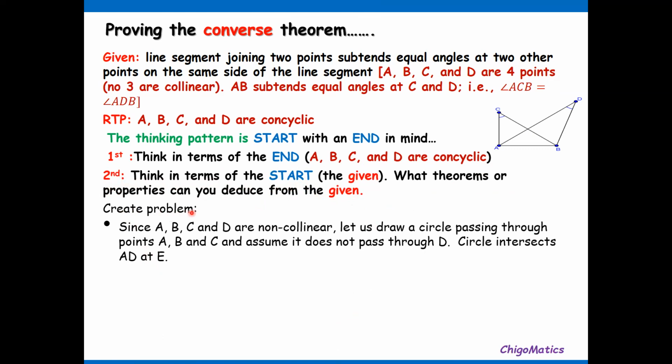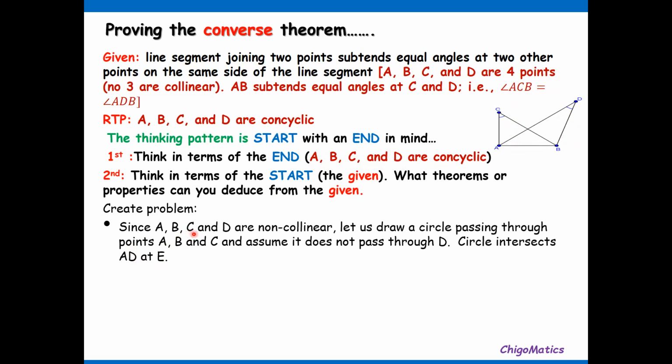We need to create a problem, right? Because looking at this diagram as it is given, there is no other property or theorem you can come up with that will help you prove that A, B, C, and D are concyclic. So we are going to create a situation that will lead us to conclude that.